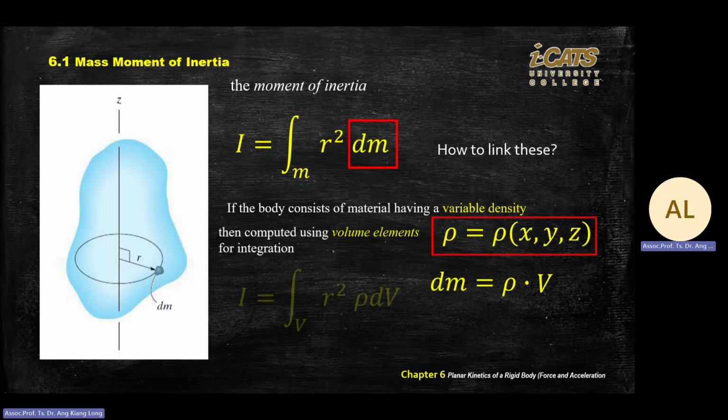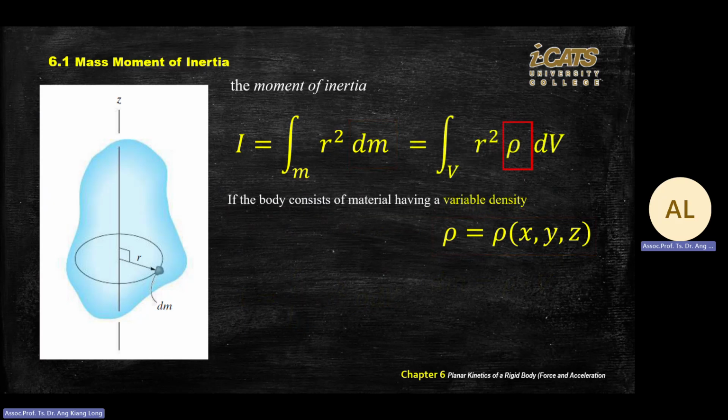So the rest is for your reading. You convert dm into rho dv. So you're integrating the volume. And from your calculus or mathematics, you know that you can integrate the volume three times, integrating x, y, z to get volume, and so on.